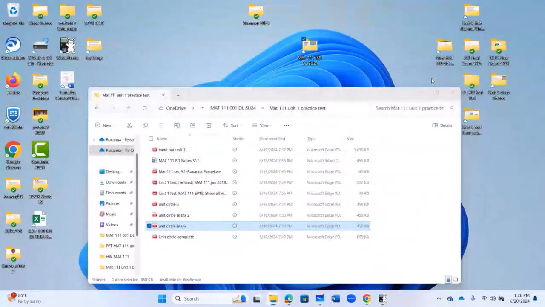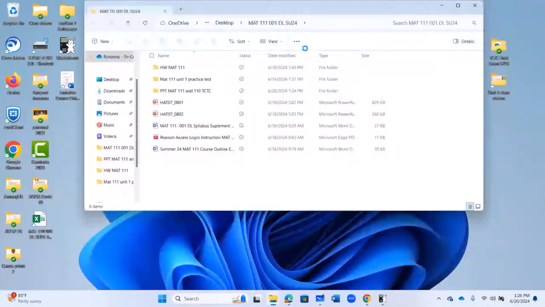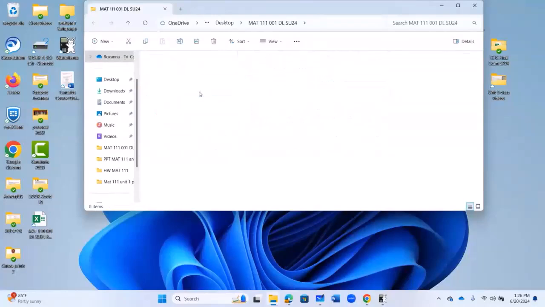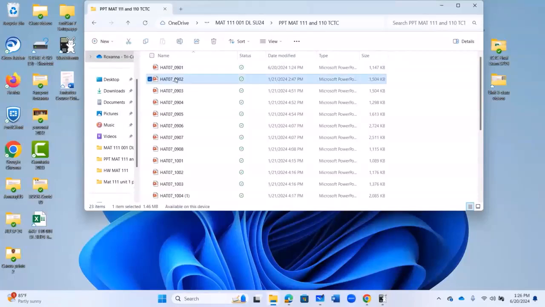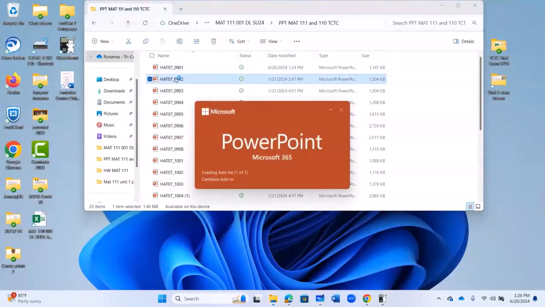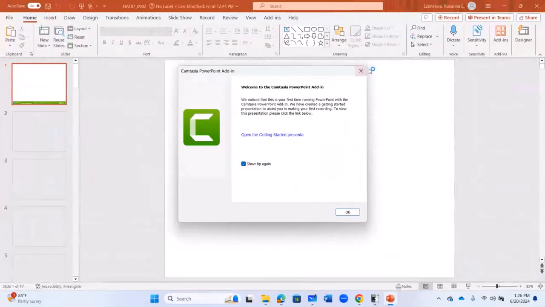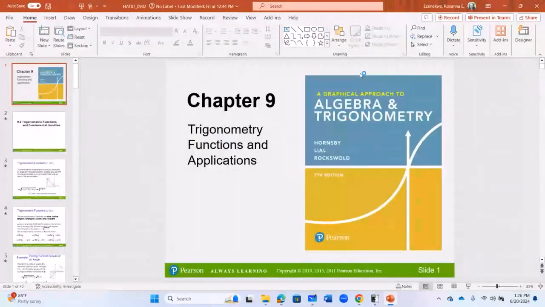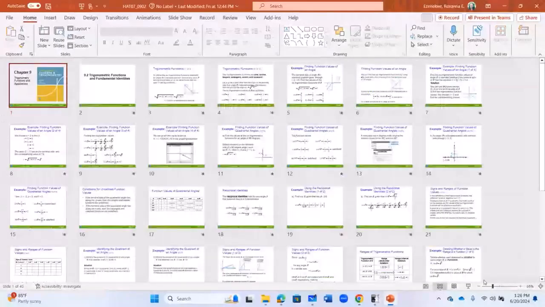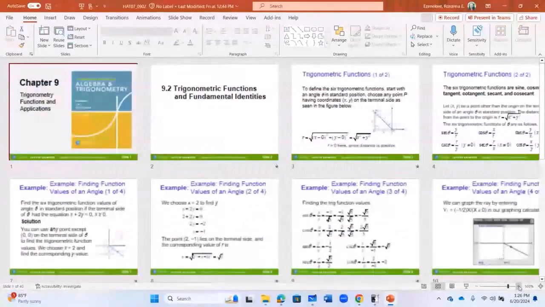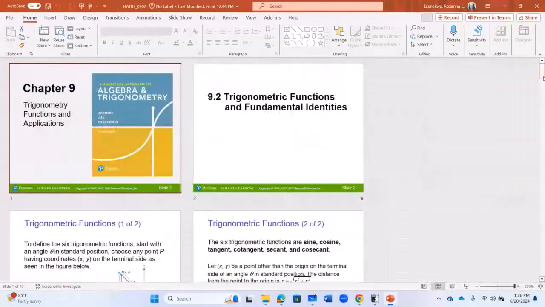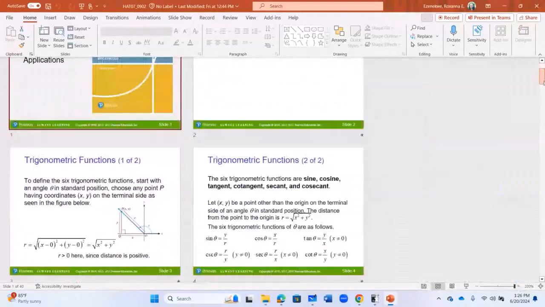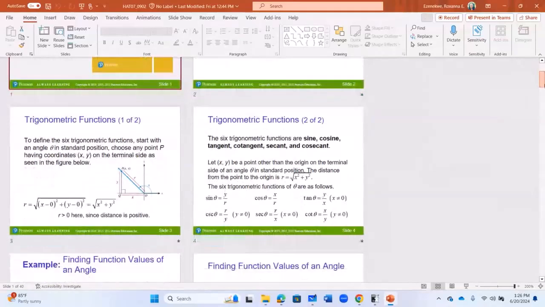Every PowerPoint you need is already there. Remember, we're supposed to get to 9.3 today. But we're doing our best, and very soon it's going to be 2 o'clock. Just know that if you read it up and you know it, there is no need.